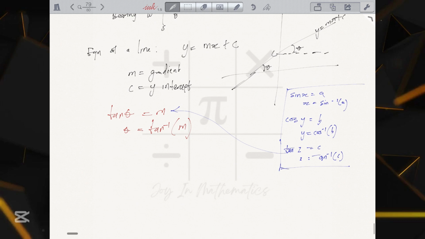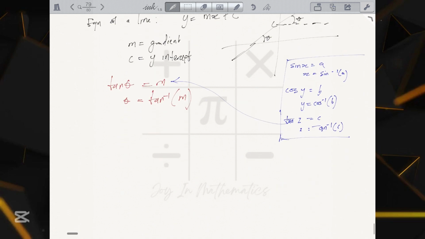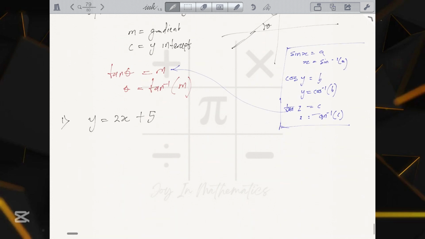Now let's take some examples to understand this part completely. Let's say we are given the equation of a line y equals 2x plus 5. We are asked to find the angle that the line makes with the x-axis, just as we have in this representation here. We compare this equation of a line to the formula. Then we have m equals 2 and c equals 5.